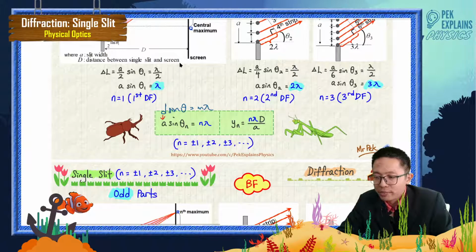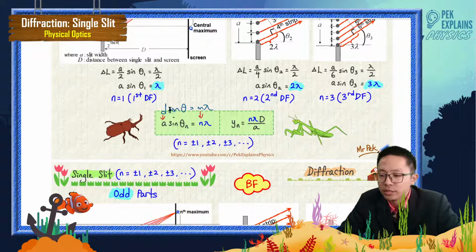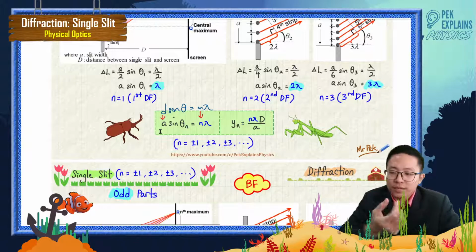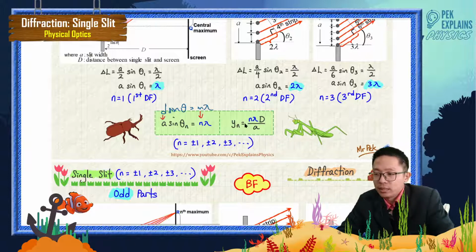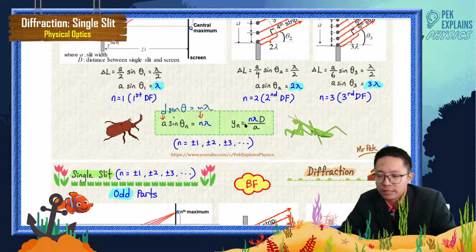Last time we used d, the separation between the two slits. Now we use a, the size of the single slit. And last time we used order m, now we use order n. And then this one is also almost the same. What was our last time formula?